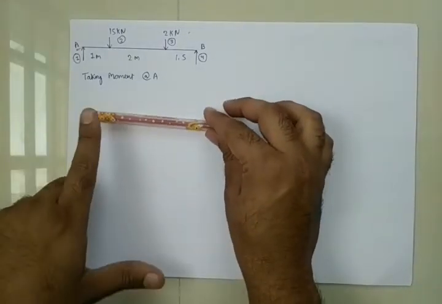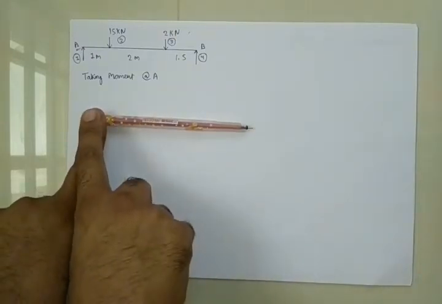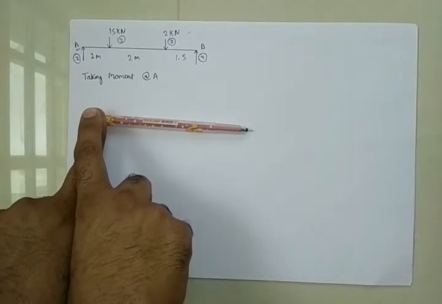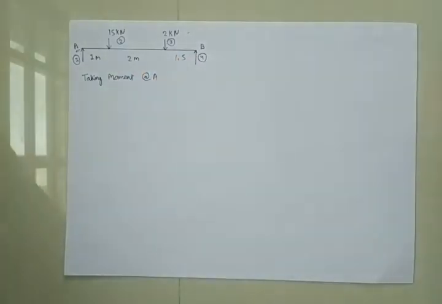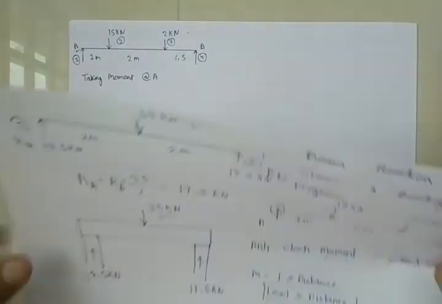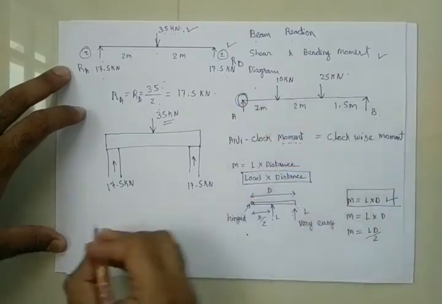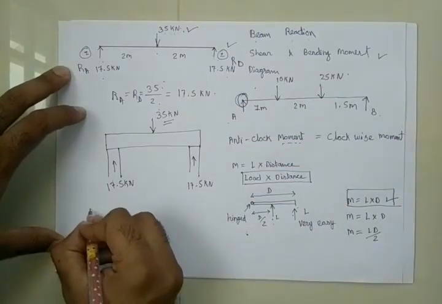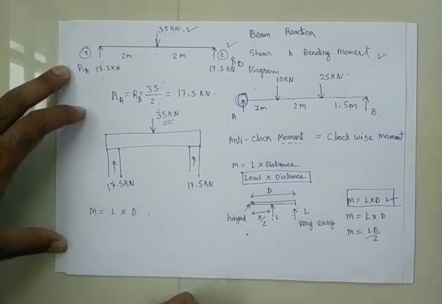Now as A is my reference point, when I want to find out a moment for point A, what happens? Let me show you. For this point A, moment is equal to load into distance.